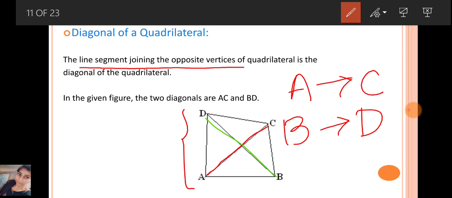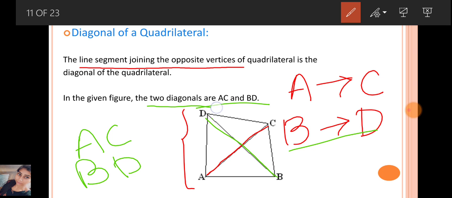When I join A to C, this is one diagonal AC, and the other diagonal is B to D. So BD is the other diagonal. So we have two diagonals, AC and BD.